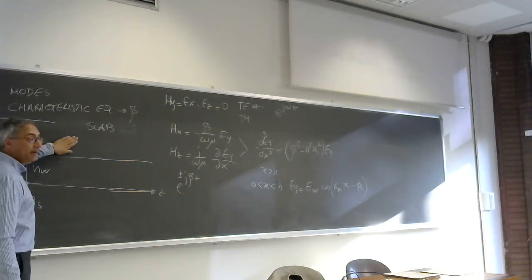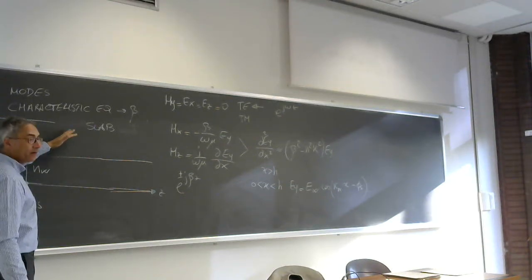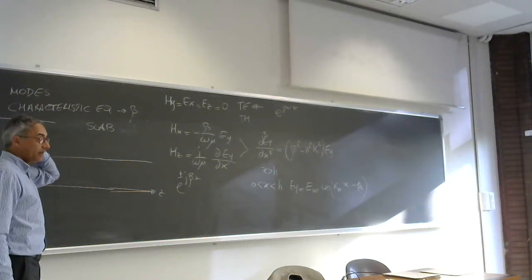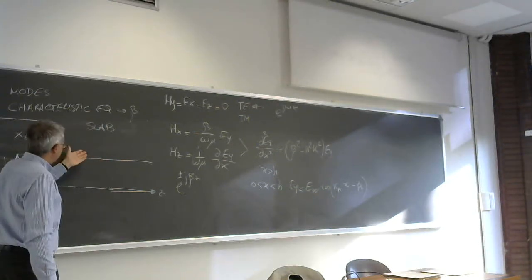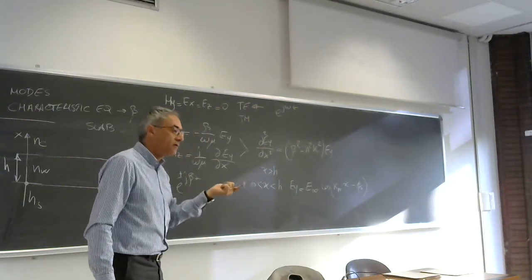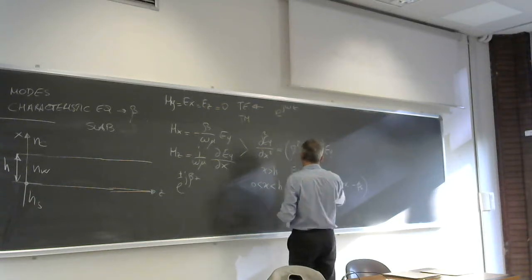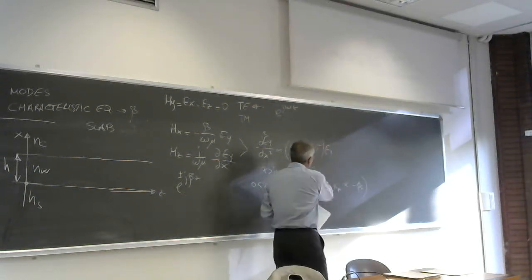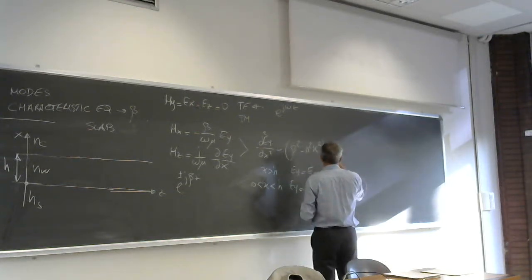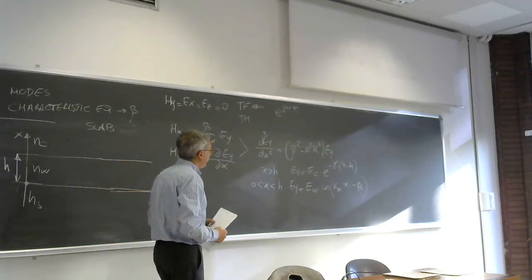Obviously, there is a field here, because yesterday we saw that when you have total internal reflection there is some field in this part, but for sure not at infinity. So cosine and sine do not really represent a good way to represent the field. So you can use another basis, the exponential. So we assume that the field in that part is once again an amplitude coefficient and an exponential part that describes the field there.